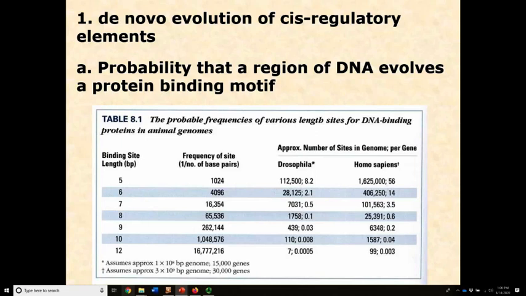Now, you look at this and say, wow, 112,000, how can we even have a regulatory element with 112,000 other random copies, some of which probably don't have any function at all, spread throughout the genome? Well, if that really was the case, it probably would not work, because that protein would be binding all over the place and being sucked up and used in places where it didn't have a function.